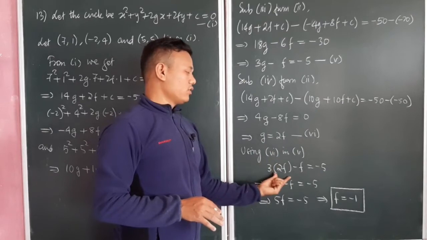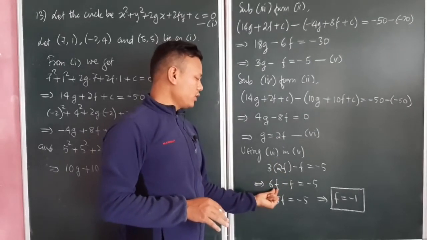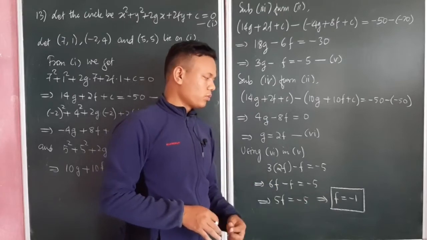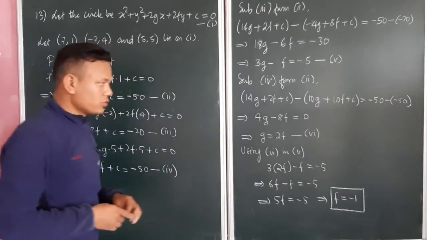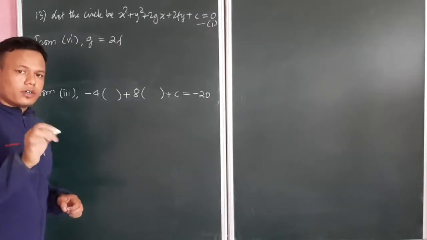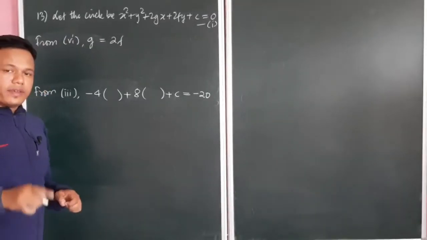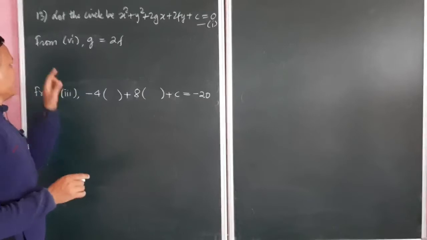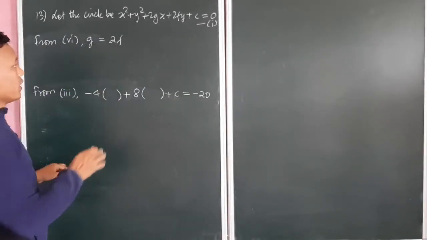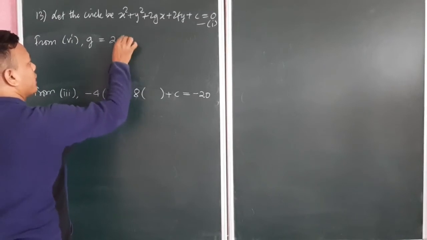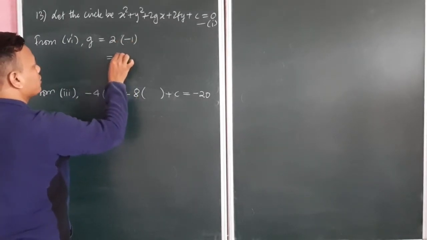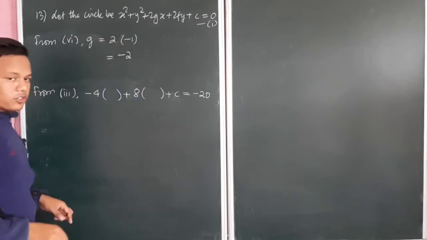So 2 into 3 is 6, 6f minus f is 5f, and f turns out to be minus 1. You may pause the video to note this down. Now using equation 6, g equals 2f, with f equal to minus 1, the value of g turns out to be minus 2.